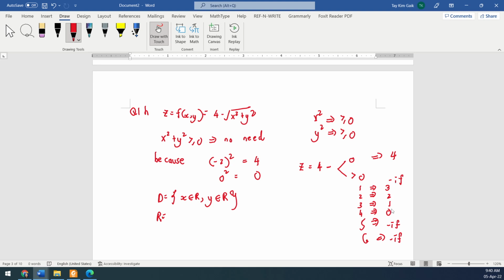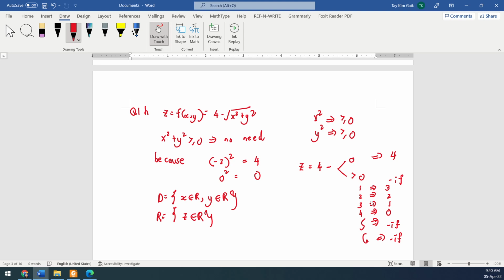So the values are 0, 1, 2, 3, 4 and negative. Because here I take integers, you may also have 1.1, 1.2, something like that. So this is question 1H. But what is the correct range? z less than or equal to 4.